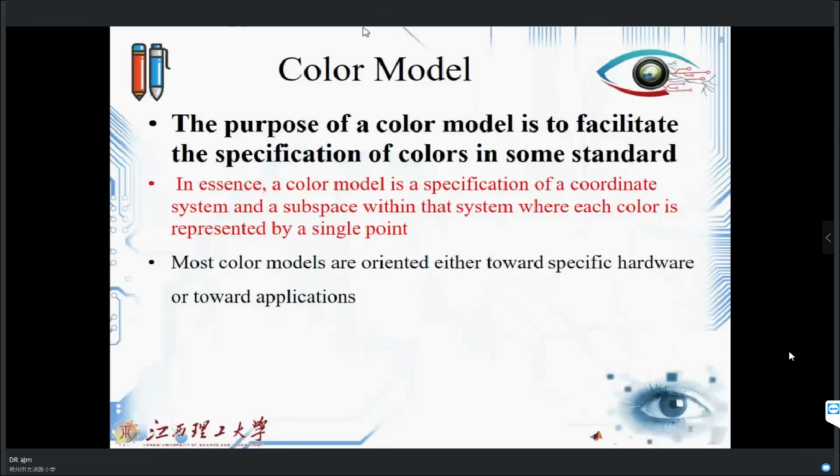In a sense, a color model is a specification of a coordinate system and a subspace within that system where each color is represented by a single point. Most color models are oriented either towards specific hardware or towards the application.